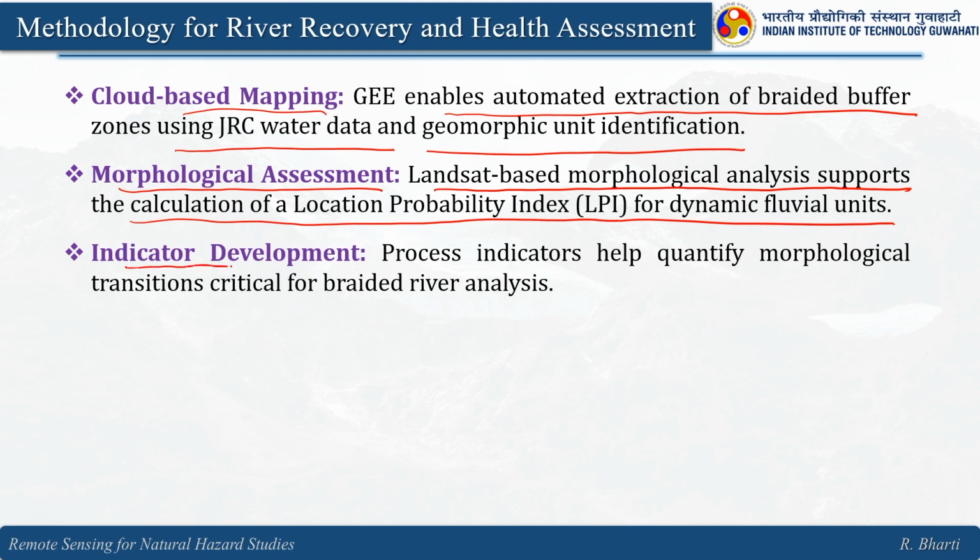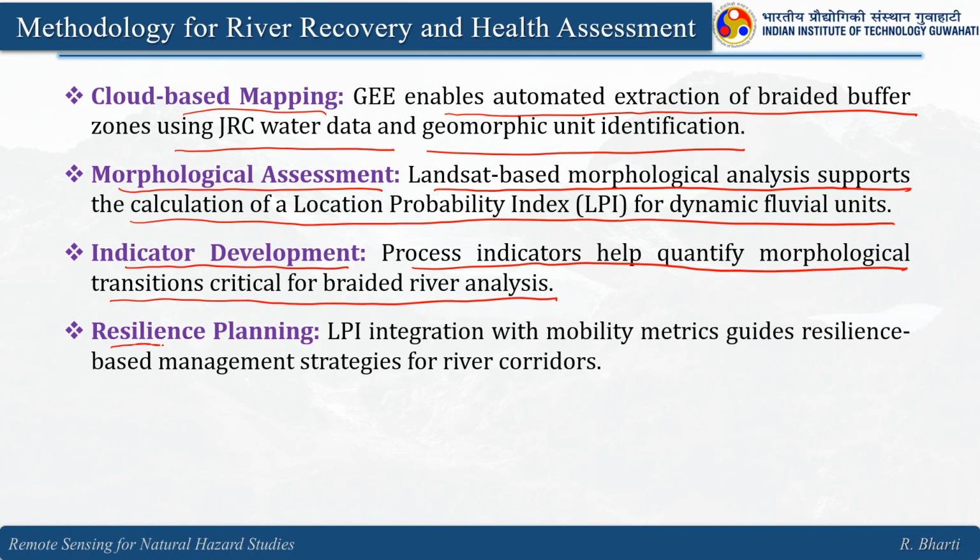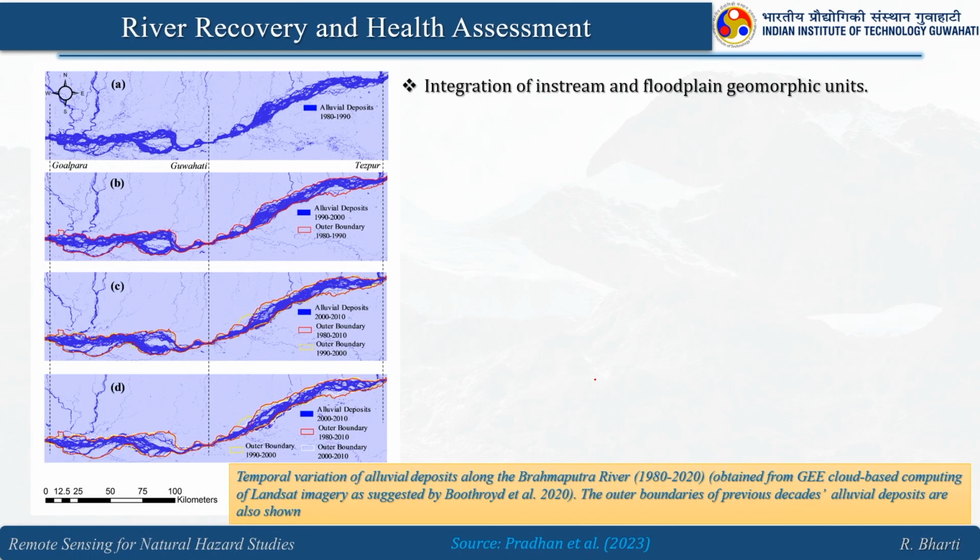Then indicator development: process indicators help to quantify morphological transitions critical for braided river analysis. Then we have resilience planning: the LPI which was calculated earlier was integrated with mobility matrices, guiding resilience based management strategies for river corridors.